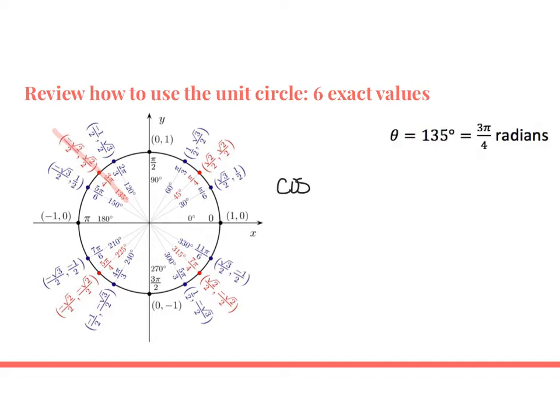Cosine is your x value. Sine is your y value. And tangent is y over x.